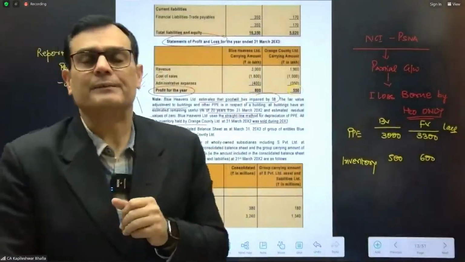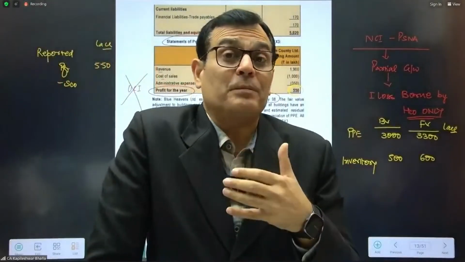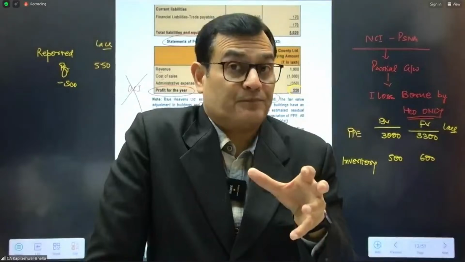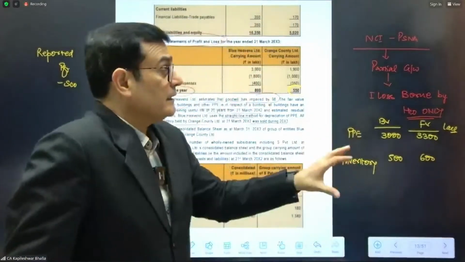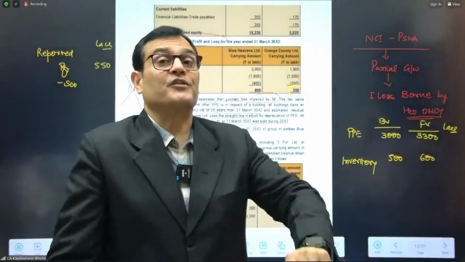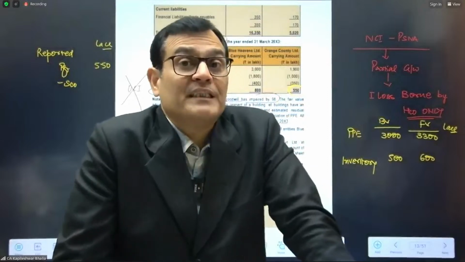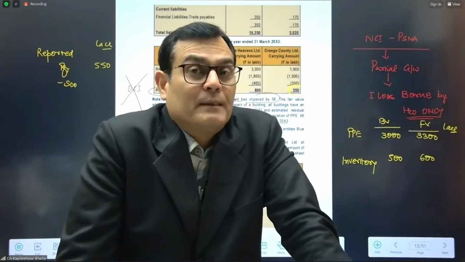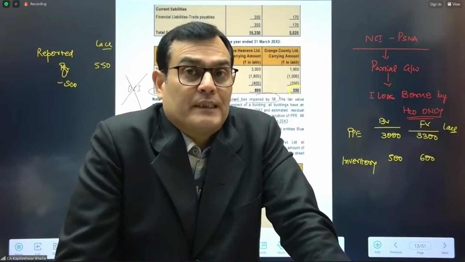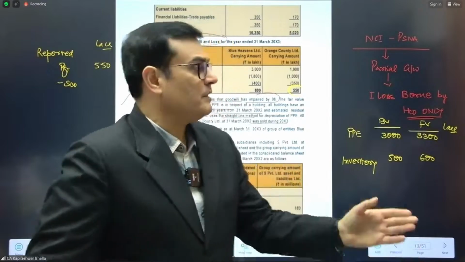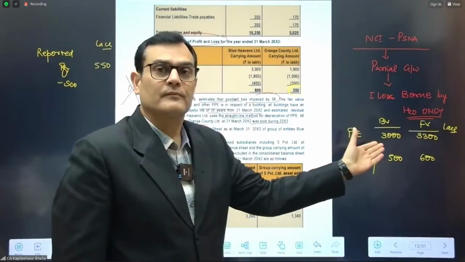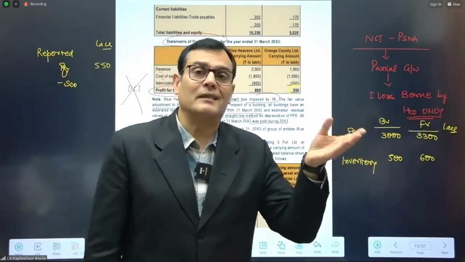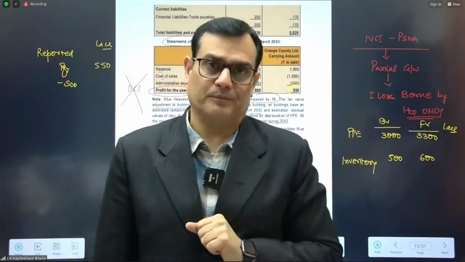Now, one thing is very clear. The PPE of the subsidiary was taken at fair value. That was for the consolidated balance sheet, not for the individual balance sheet. So when the subsidiary company took a depreciation in the post-acquisition period, it took depreciation on 3,000. So the reported profits which are given are based on depreciation taken on 3,000.